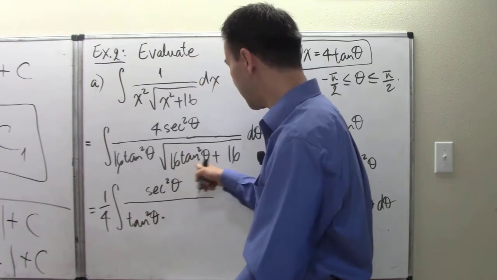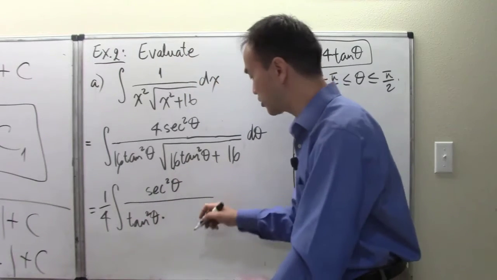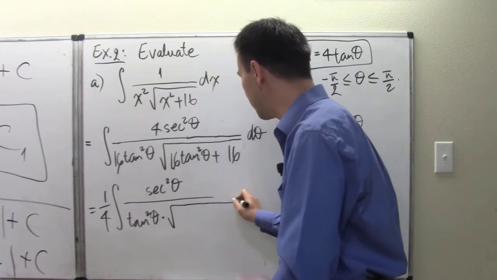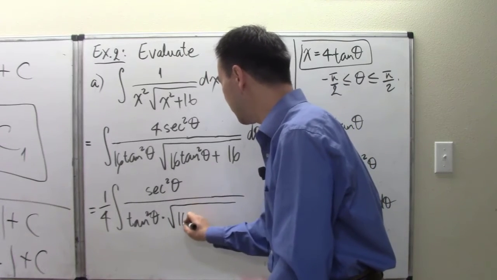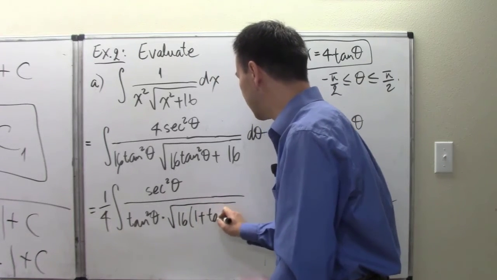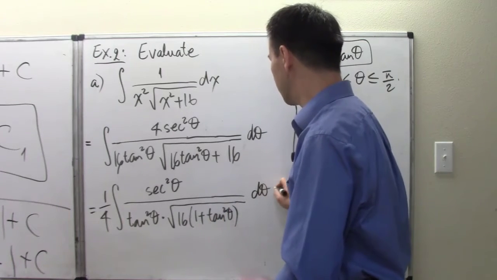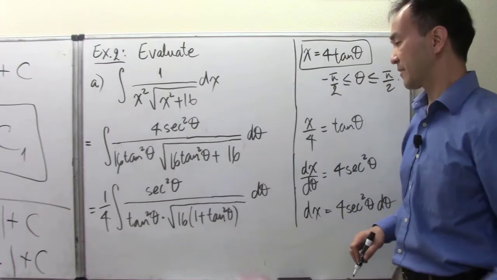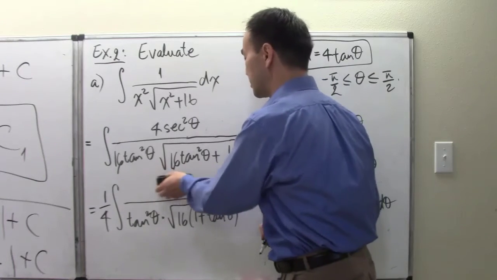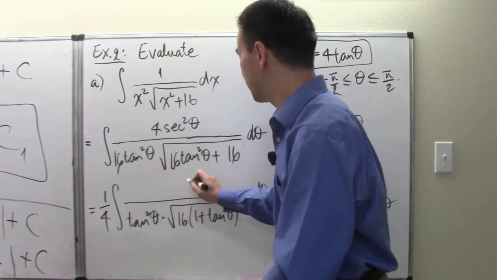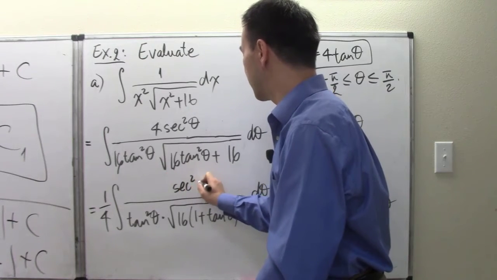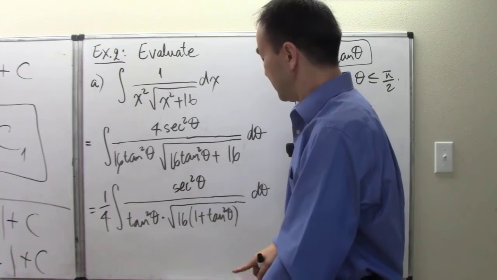Now the 16 here in the square root can also be factored. So now it's a square root of 16 times 1 plus tangent squared theta inside the root. And all of that is multiplied with a d theta. So we have only one single secant squared of theta on top, in our numerator.